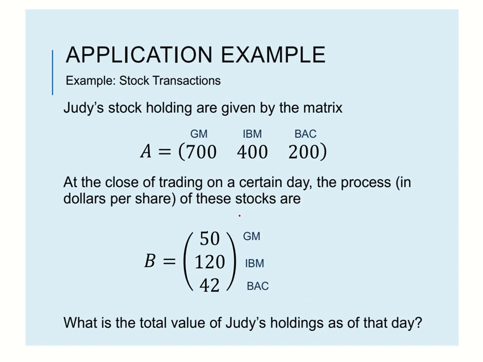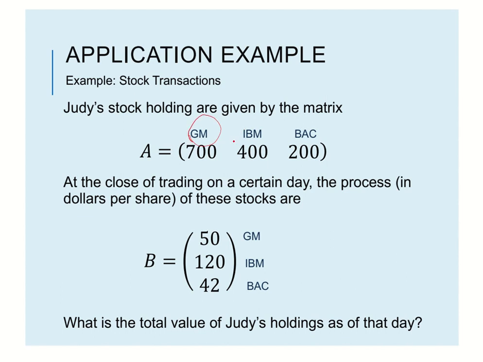Now let's take a look at the application example here. This is about the stock transaction. Judy's stock holdings are given by the matrix. So this matrix shows the stock holdings of Judy. Judy has 700 units of GM.